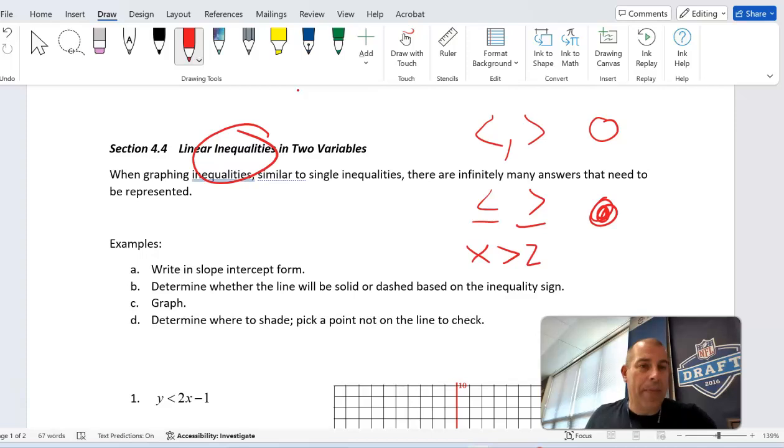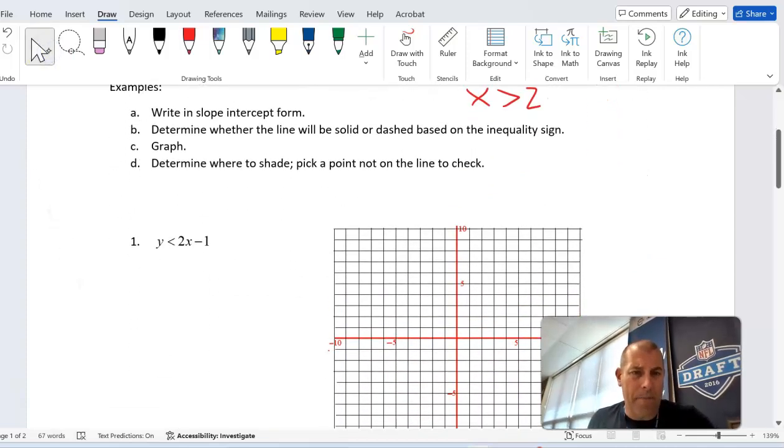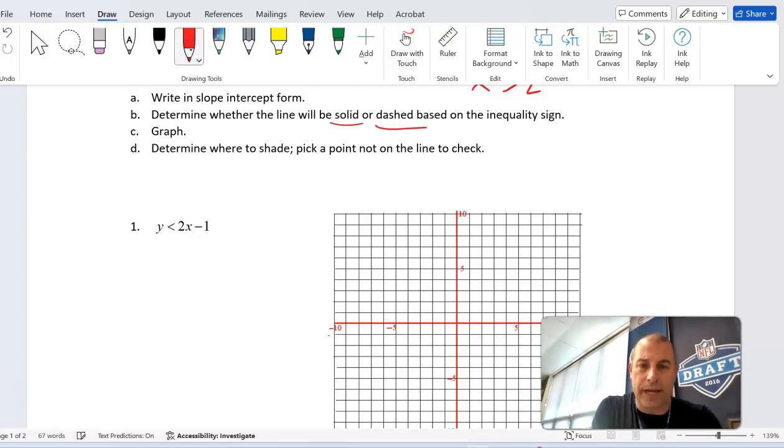So here we go. The big thing here is a lot of the time you get it in slope-intercept form. Even though it's an inequality, you still treat it like it's an equal sign. But the big thing here is whether it's a solid or a dashed line. Well, how do I know? It's the same thing as before. Solid means it's the or equal to's.